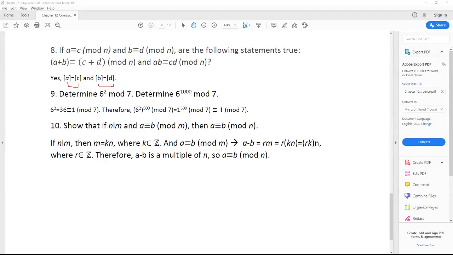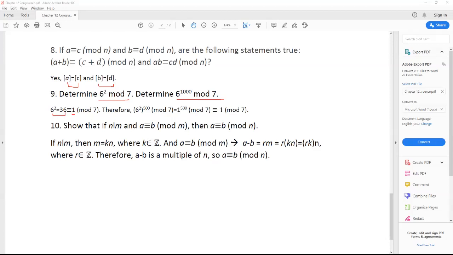Number 9. Determine 6 squared mod 7, and then use that to determine 6 to the power of 1,000 mod 7. Well, 6 squared is 36, and 36 mod 7 is actually 1, because 7 goes into 36 5 times, the remainder would be 1.